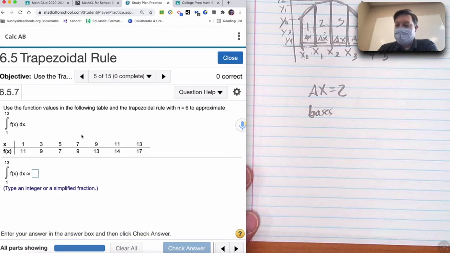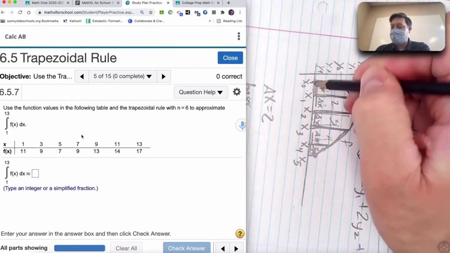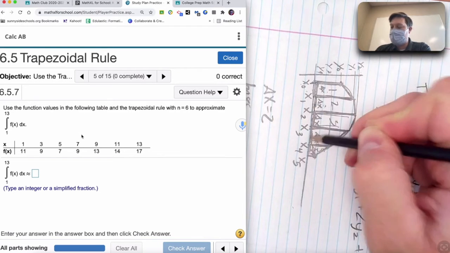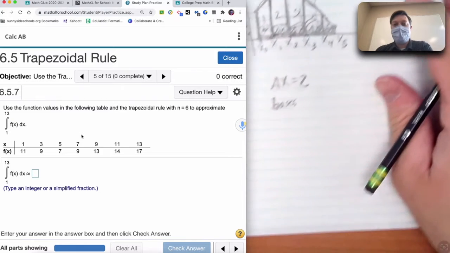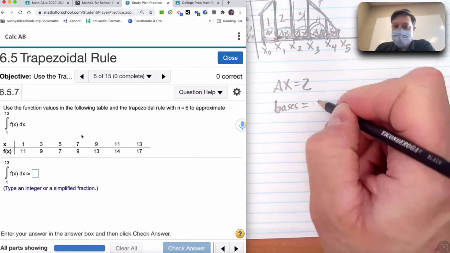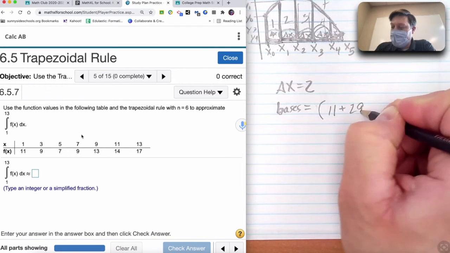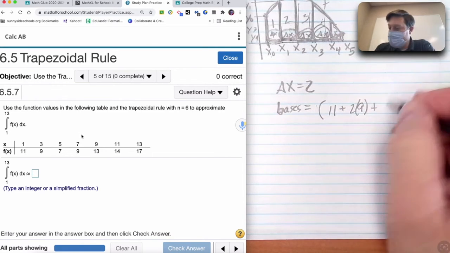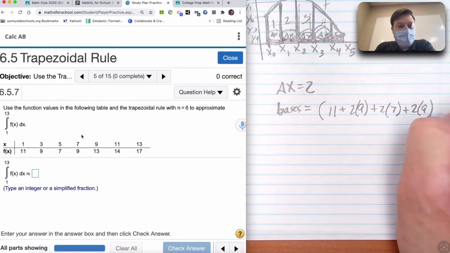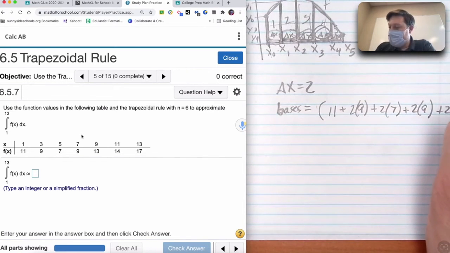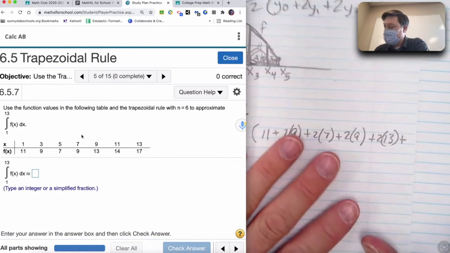Oh, this is sideways, right? We had to turn the shape of this function sideways to talk about bases, because it's not the way we want to think about it. We don't want to think of the lines as actually representing bases; they're heights. Okay, so the bases are y sub 0, or 11, plus 2 times 9, plus 2 times 7, plus 2 times 9, plus 2 times 13, plus 2 times 14.